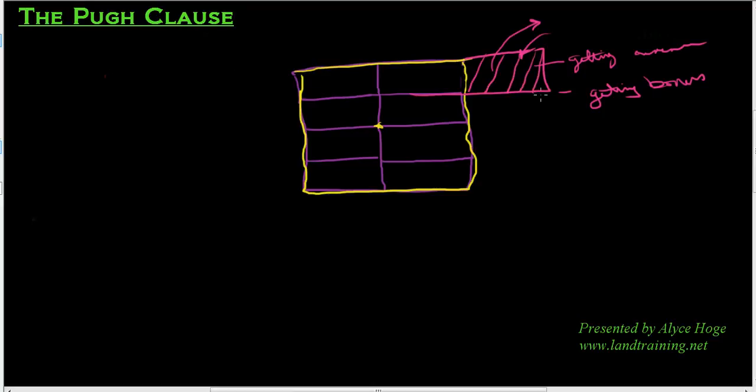And that way this landowner can then lease this 40 acres to another oil and gas company. They can get a bonus and they could possibly have a well drilled on that acreage, or that acreage could be pooled into another pooled unit and they would thereby get their revenue interest. That's the gist of the Pugh Clause.